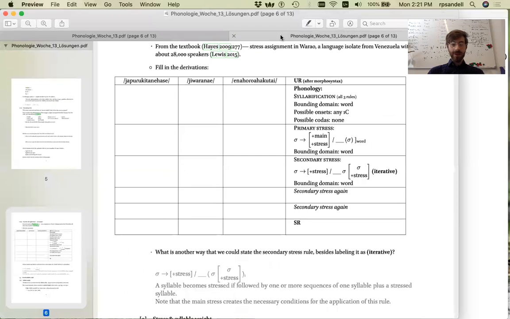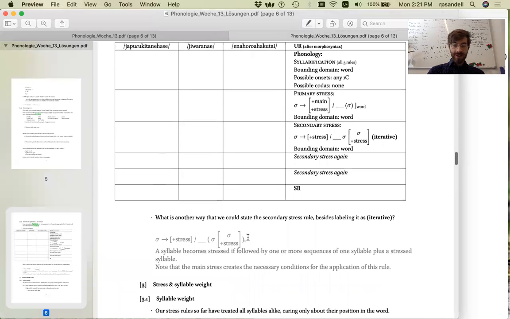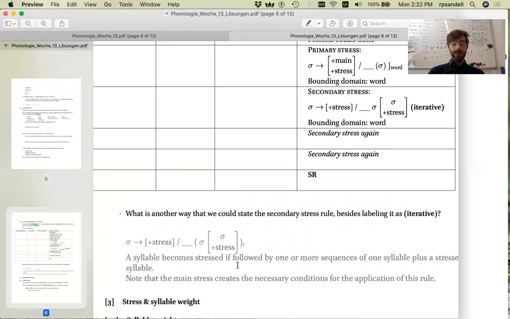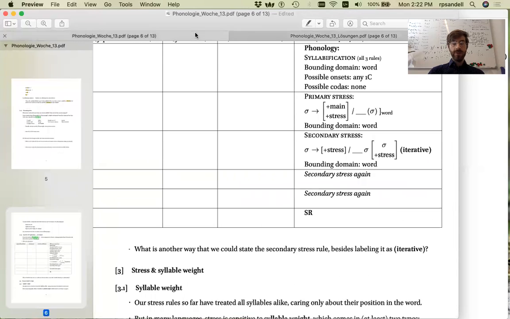To make it a bit clearer what I mean here, you can see on the page with solutions what this looks like. So we place this sequence in parentheses and place a subscript 1 on it to mean that there needs to be at least one or more such sequences.